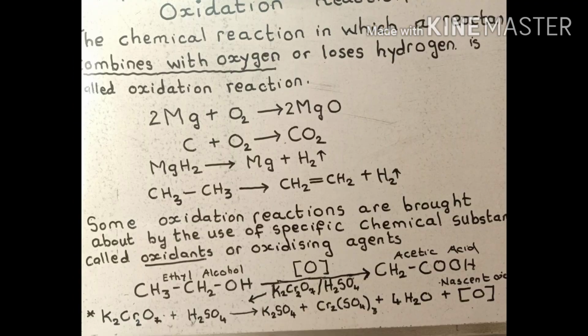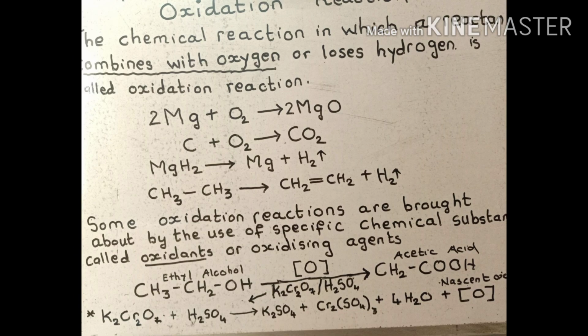So the state of oxygen just before it forms the oxygen molecule is called nascent oxygen, and this nascent oxygen is very reactive, so it tries to combine with other substances, elements or compounds in order to become stable, and in the process it oxidizes them. So oxidants and oxidizing agents are very important agents in oxidation reactions.